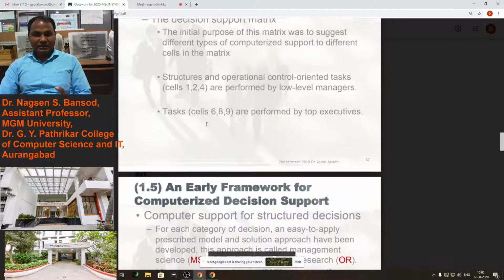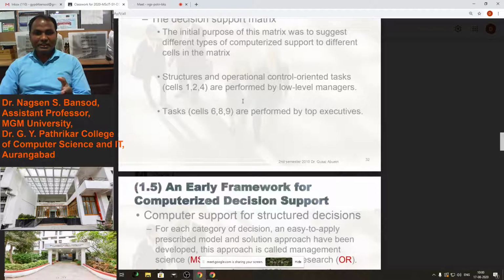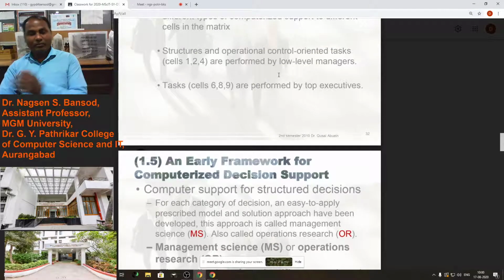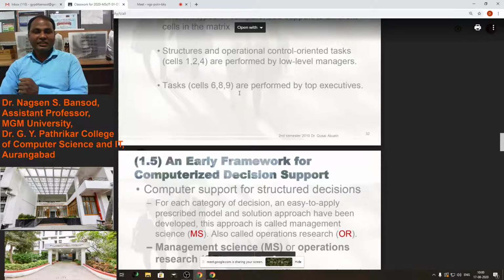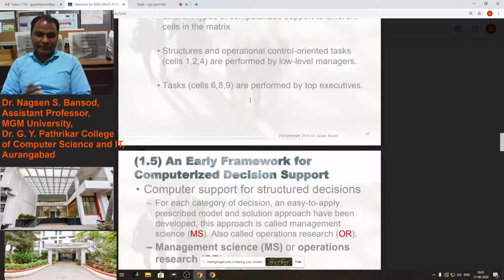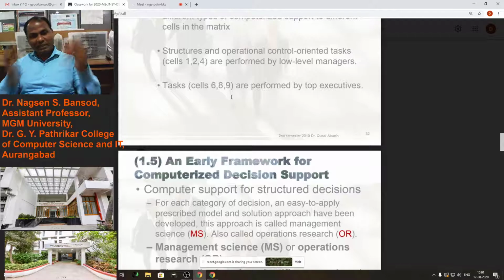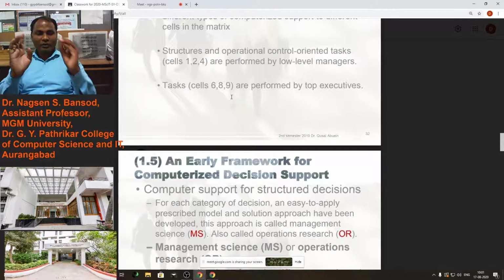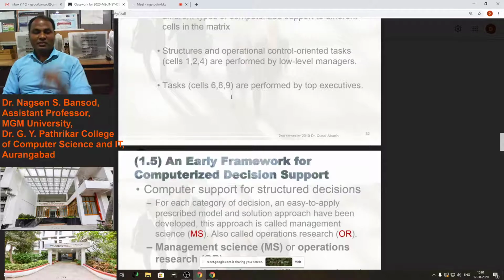Now see here, the structured and operational control oriented tasks, cells 1 to 4, are performed by low-level managers, and tasks 6, 8, 9 are performed by the top executives, because these cells happen in the unstructured and semi-structured business. Structured business means there is no need to change. Everything happens according to the algorithm, according to the software, or according to a single person's thought.